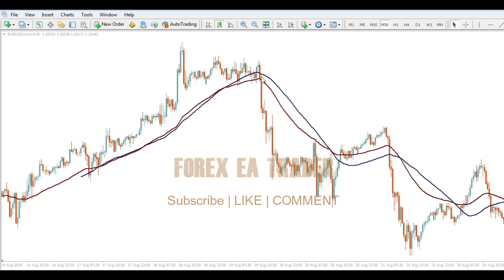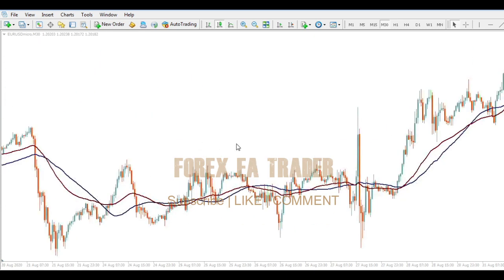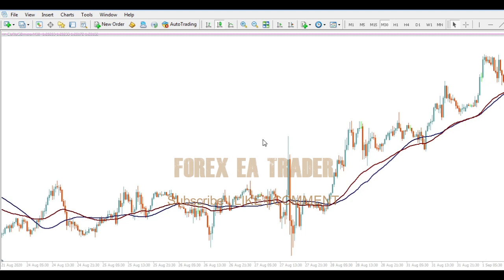That's why you can see the differences there, because the EMA is faster and the SMA is slower. That can actually mean a difference in your trading.